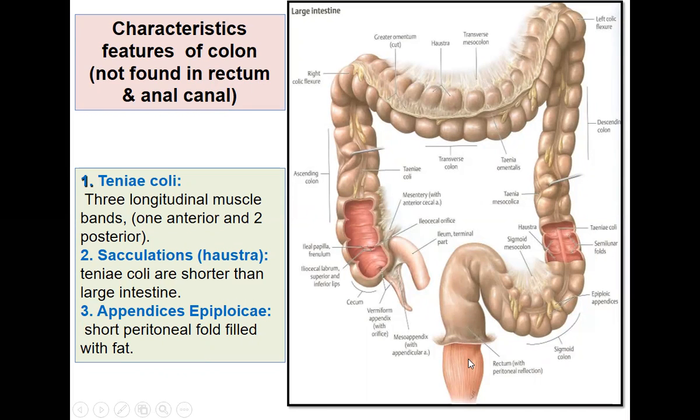This is the rectum here, and the lower part is the anal canal, where we don't see these features. Except this part, all other parts of the large intestine have these three features, with which you can differentiate between the large intestine and the small intestine. Once again, I repeat: taenia coli, sacculations, and the appendices epiploicae.